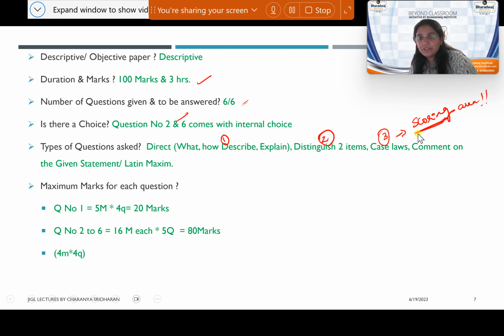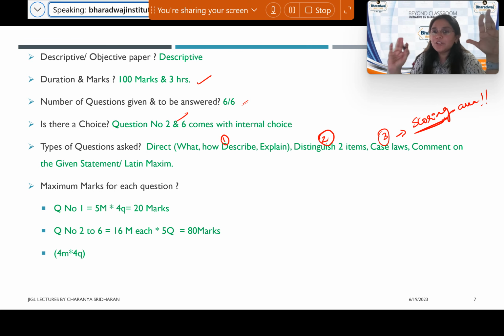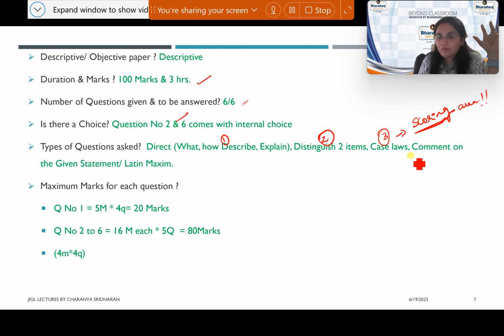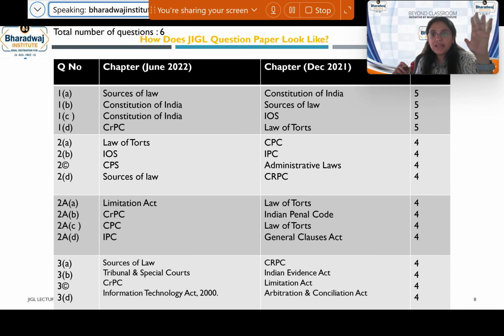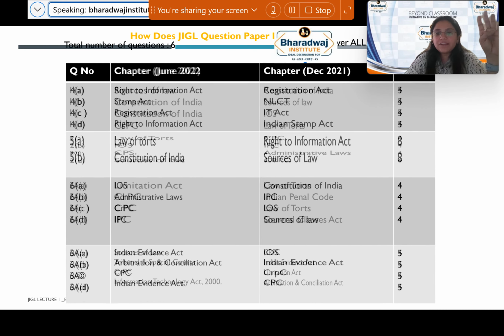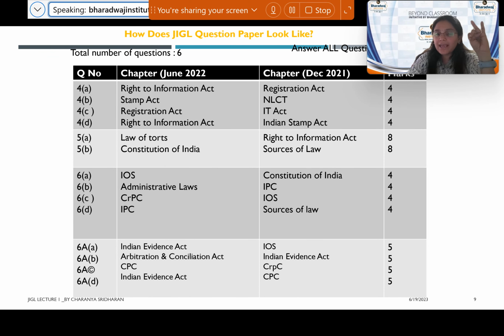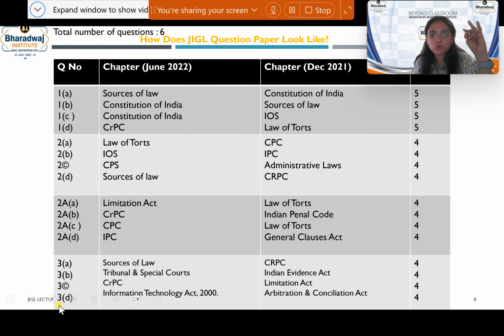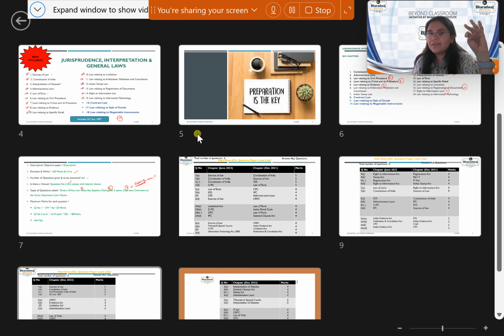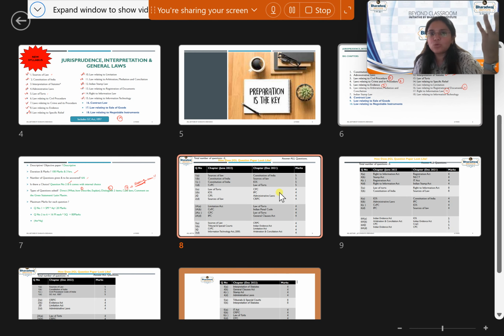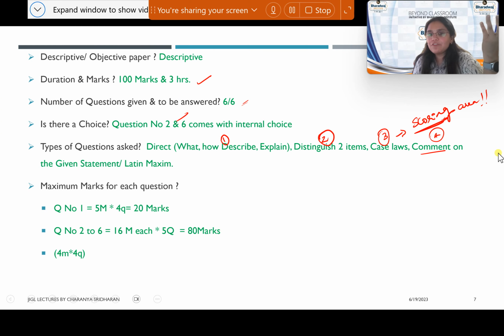Or what they will do is, they will give you a statement and ask you to comment on that statement. That type of question is also possible. This is the 4th type of question you will see in my question paper. So if you notice, it's a descriptive question, a distinguish question, a case law, and then a comment question. I'll give you one simple example: if I give you a statement like, men may come, men may go, but the company will go on forever.